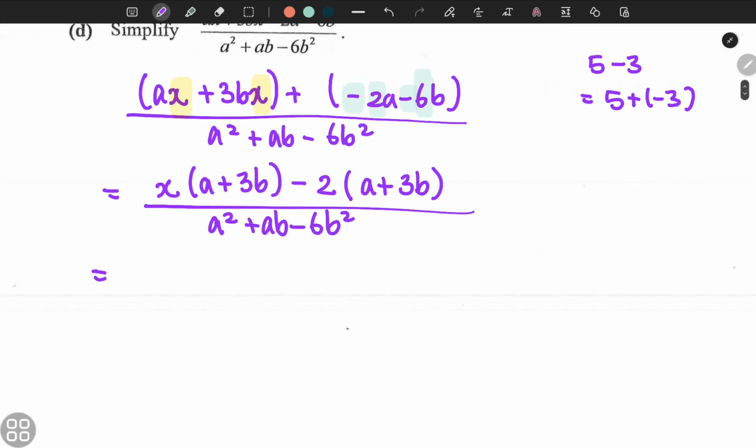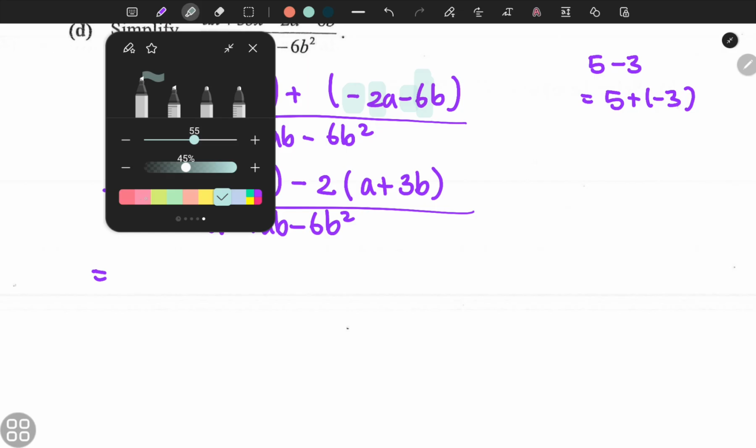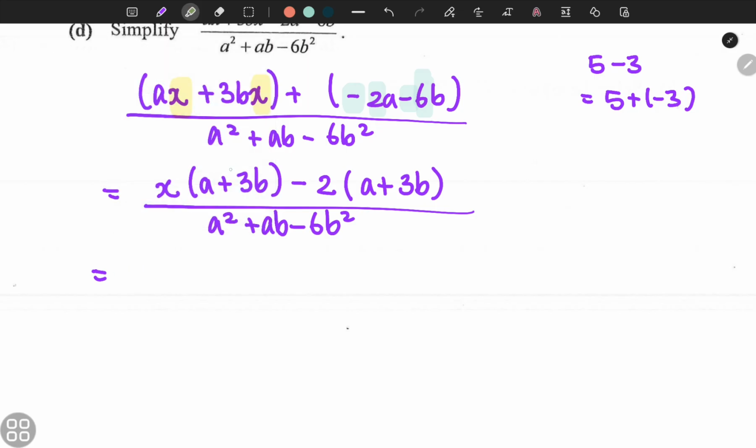And this would then give me an even simpler numerator because I can now factorize the numerator further. I see that there are 2 terms, and this is my common factor. So I have a plus 3b and x minus 2.